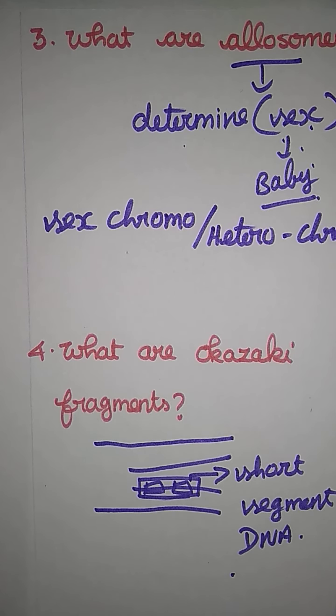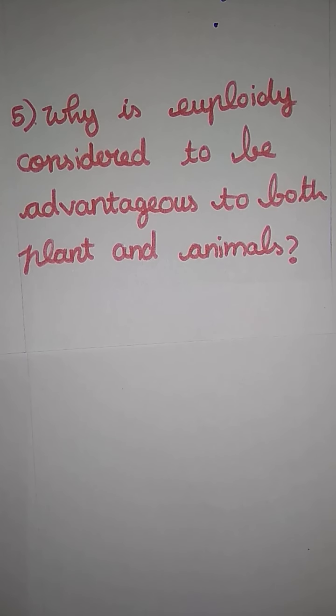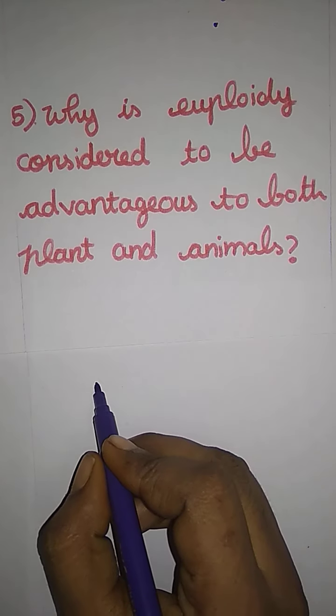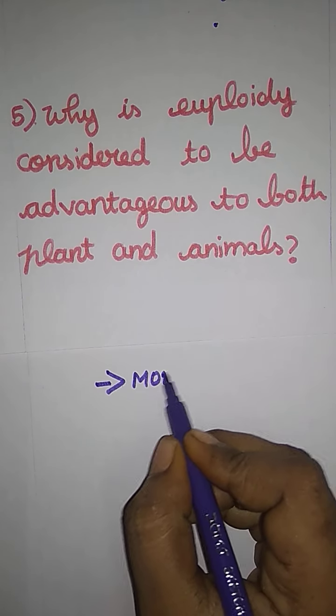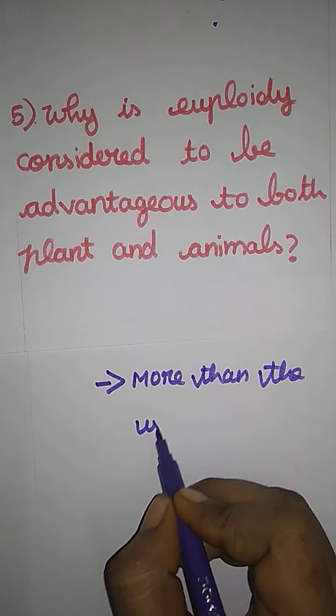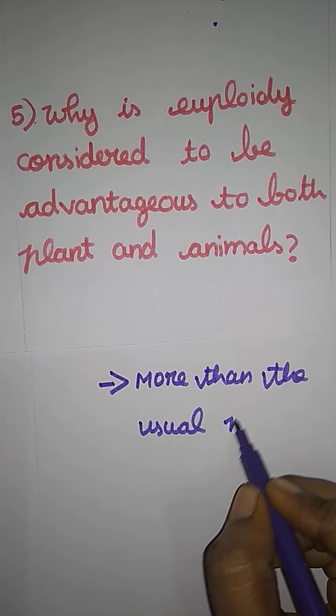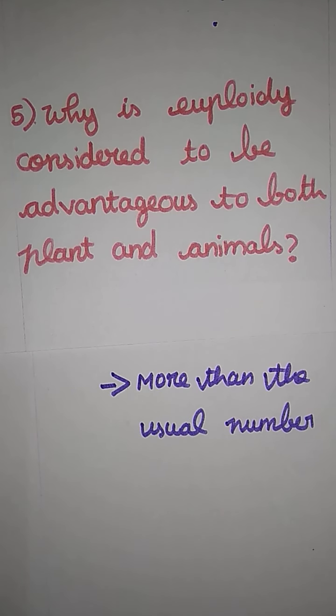Let me move on to the fifth one. Just see here. Why is euploidy considered to be advantageous to both plants and animals? Euploidy means more than the usual number of chromosomes are present in the cell.